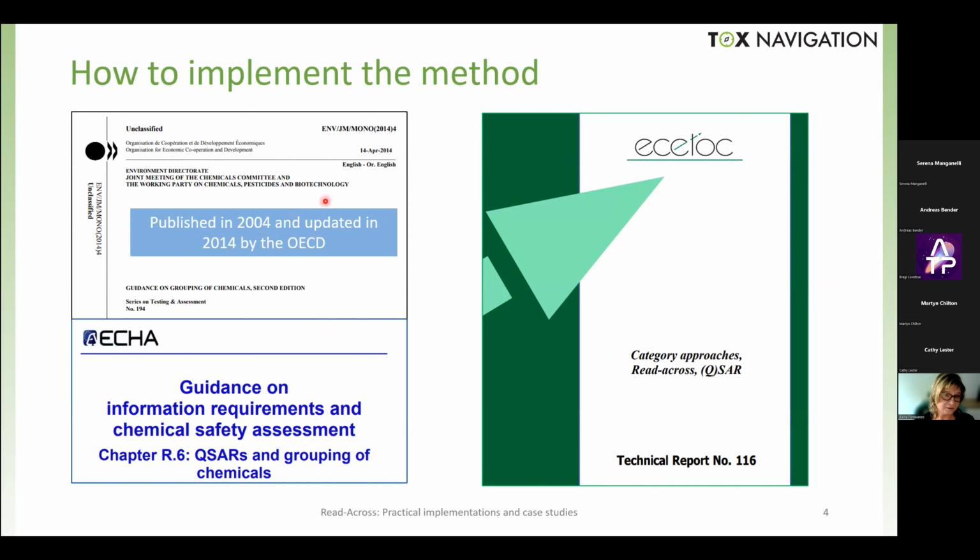We have the guidance of the OECD or the ECHA that, in my opinion, are sometimes written in a too legalistic way, so it is really difficult to put what they ask you to do into practice. This technical report from ECETOC is a practical way of summarizing what these two guidance documents say.